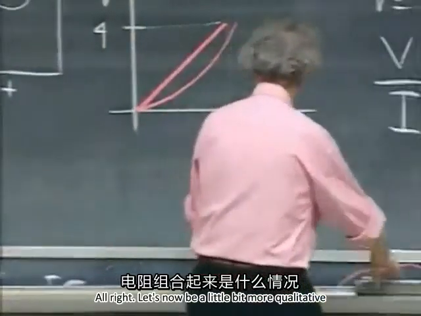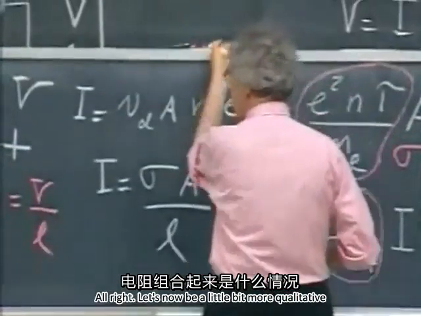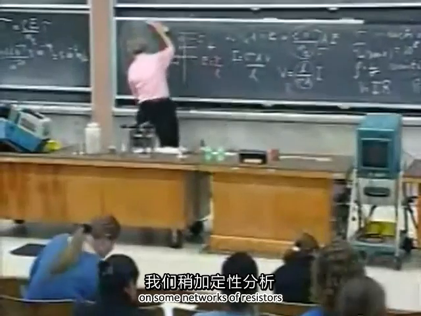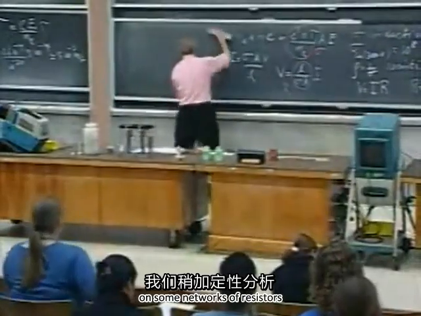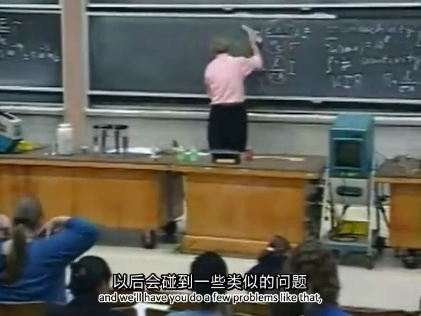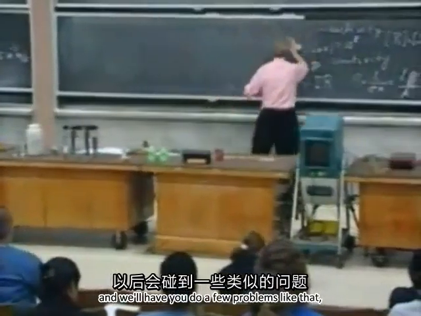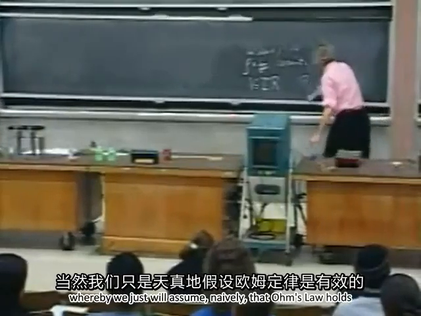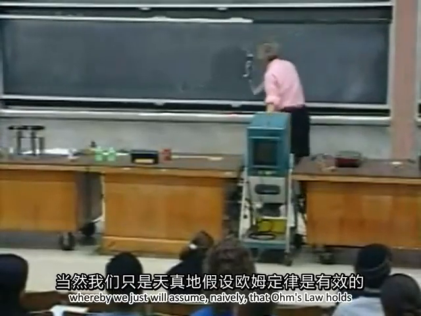All right, let's now be a little bit more quantitative on some networks of resistors. And we'll have you do a few problems like that, whereby we just will assume, naively, that Ohm's law holds.